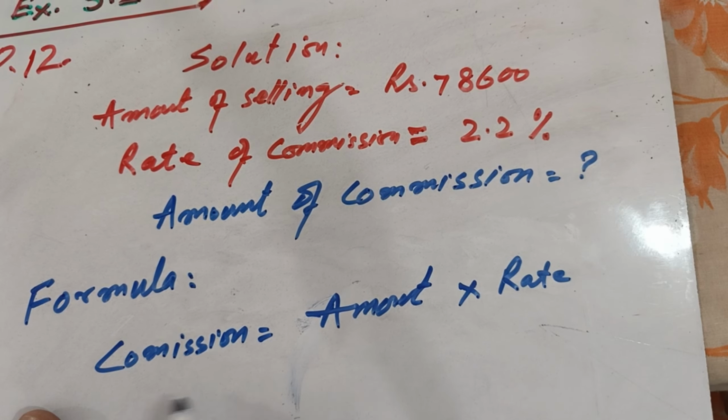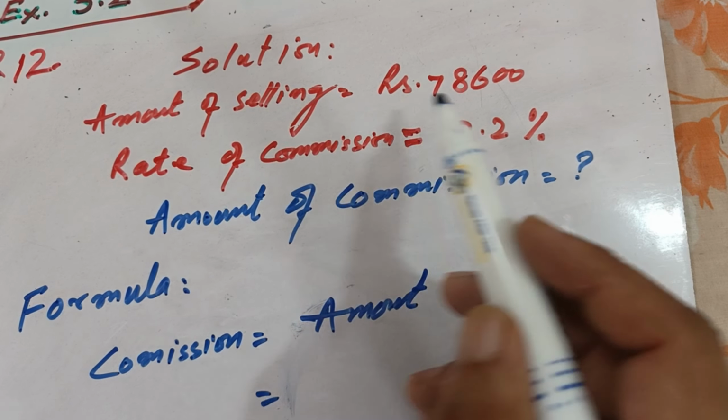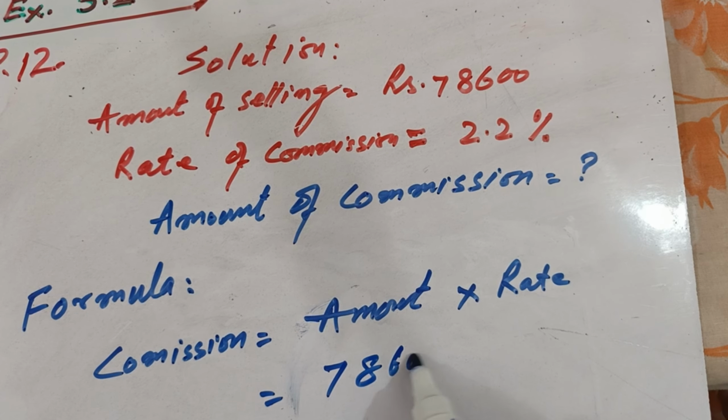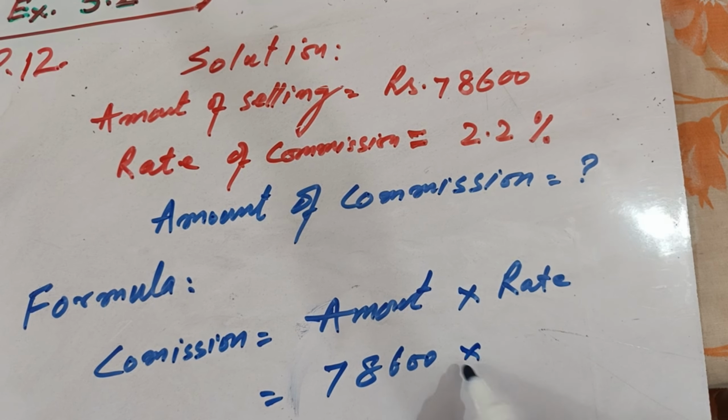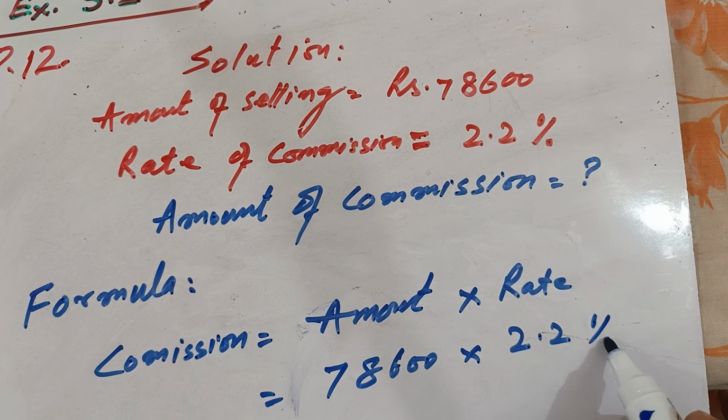So this will be the amount of selling which is 78,600, and rate which is equal to 2.2%.